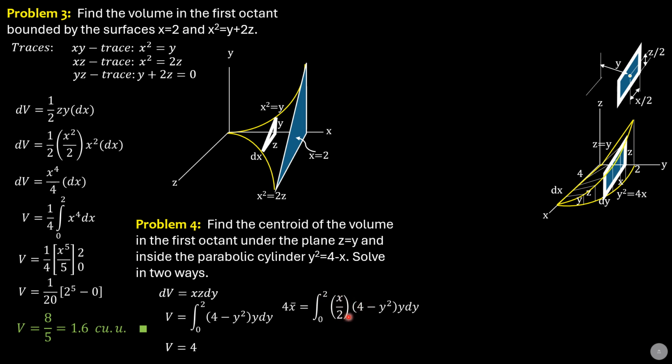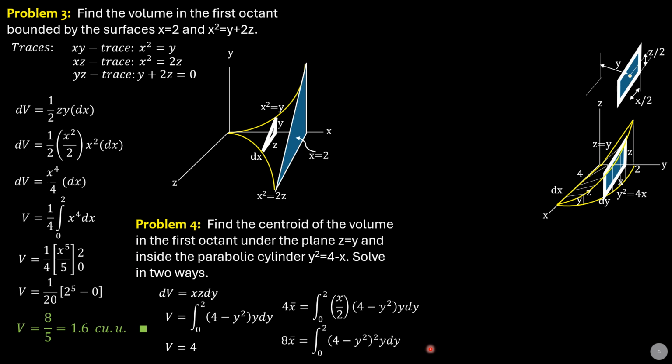Then differential volume, which is this 4 minus y squared times y dy. We again replace x in terms of y, which is 4 minus y squared, into this equation, and we cross multiply. So this is 8 barred x equals integral 0 to 2 of x, which is quantity 4 minus y squared, then another 4 minus y squared. So that makes it quantity 4 minus y squared, then y dy.